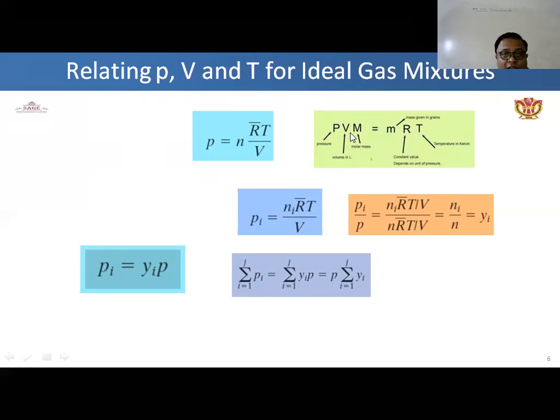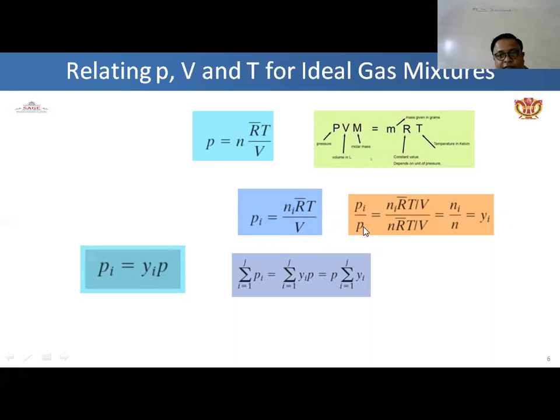So capital M upon small m is the number of moles, because the molar mass is given as 28 and the mass of the gas given is, suppose, 5 kg, 2 kg, or 3 kg of the particular gas. That is represented by Pi equals Ni R bar T upon V.